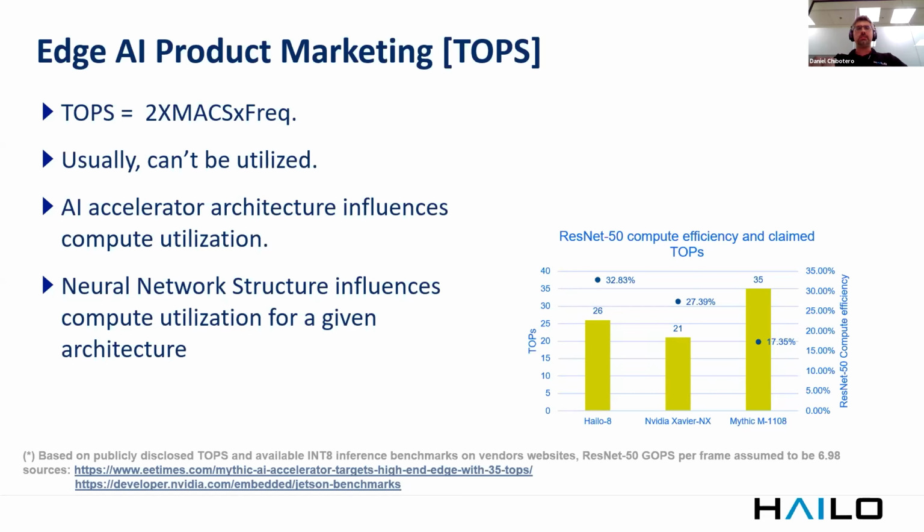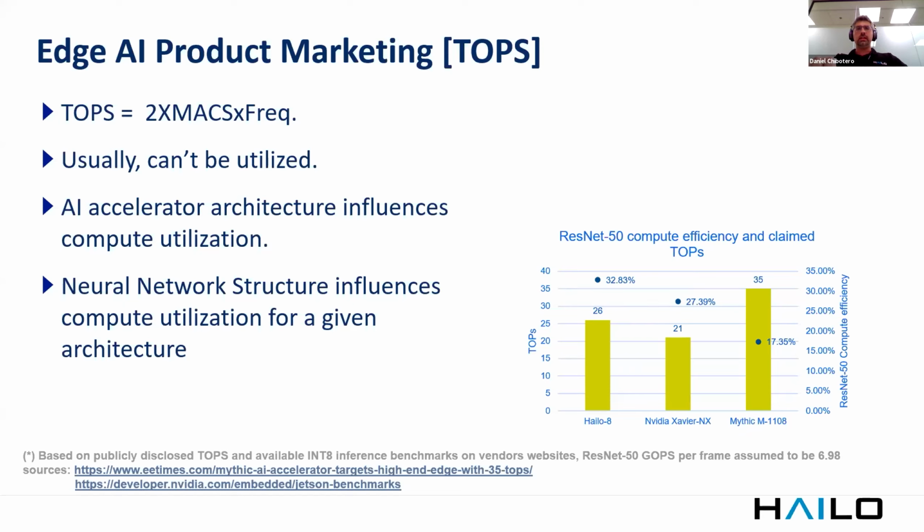So basically, TOPS is the max number of MACs deployed in the chip silicon multiplied by the frequency and multiplied by 2. And for most workloads, it cannot be utilized. The utilization of the max is usually influenced by the AI accelerator architecture and also by the neural network structure.